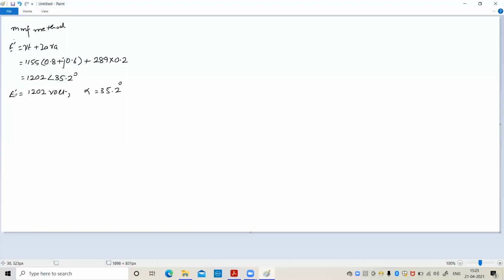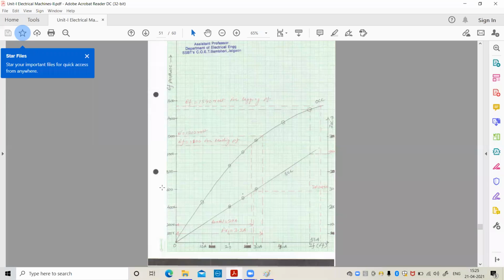Now what is the next step? Next is to locate the value of E dash on the graph paper and find out the value of field current required, and that is nothing but FR1. So FR1 is the corresponding value of field current from the OCC for E dash. So we will go to the graph paper. In the graph paper, here is E dash, and from E dash go to the OCC, and from the OCC come to the x-axis, and it is a little more than 30 ampere.